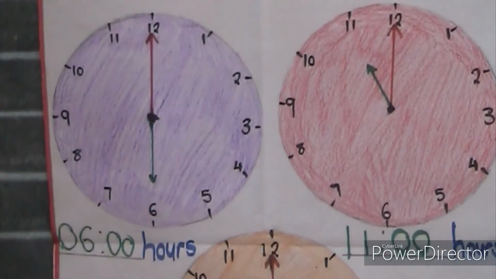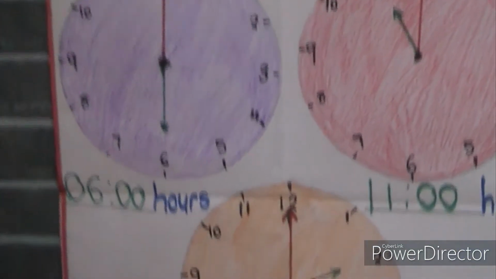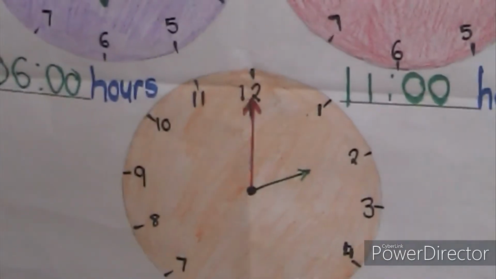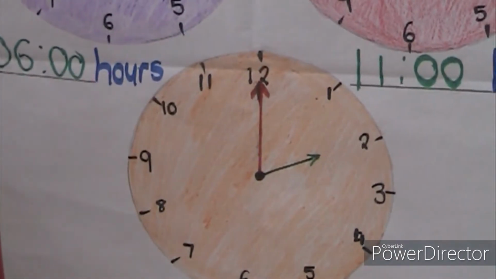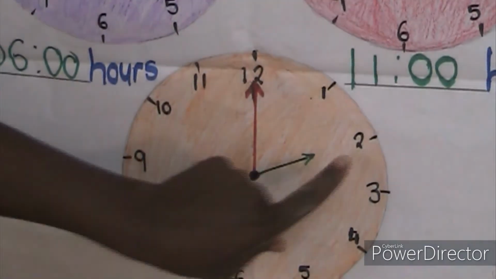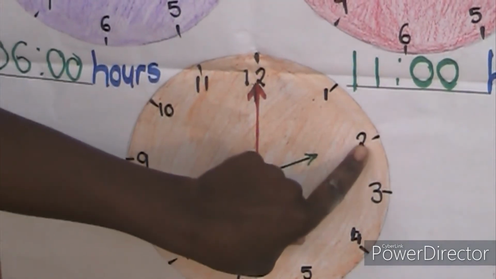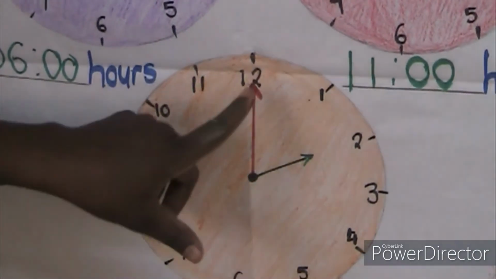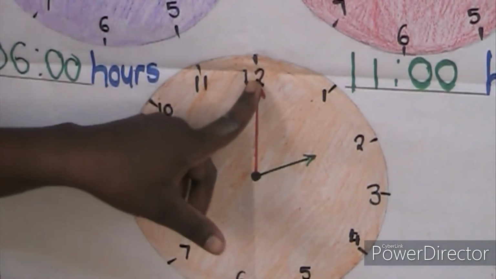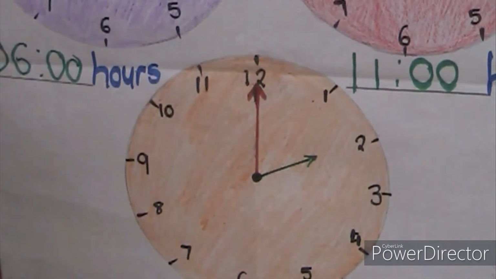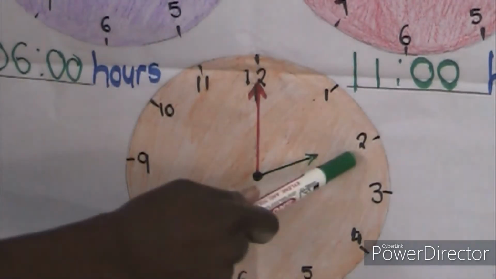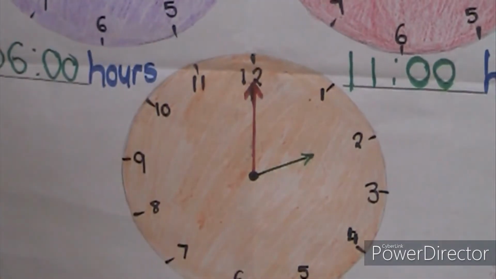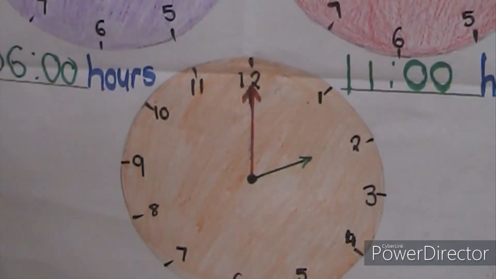Then we also have the third clock, which is in orange. Even with the third clock, you're going to check where the shorthand is pointing. Therefore, the shorthand is pointing at number 2. You do not follow the long hand because the long hand always points at 12 when it is talking about time in hours. So our time here is going to be 02 hours because we are still telling time in the morning.